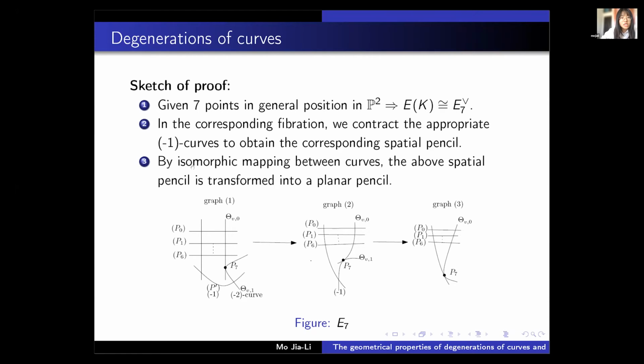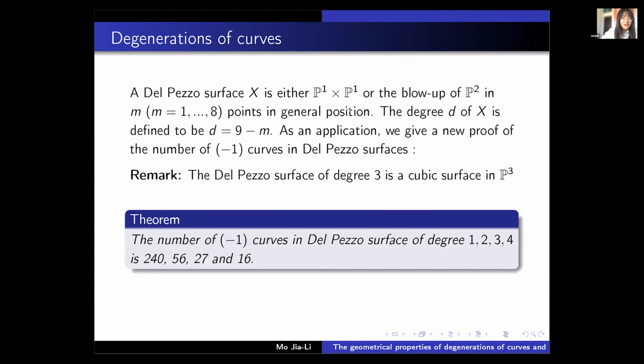Finally, by an isomorphic mapping between curves, the above spatial pencil is transformed into a planar pencil. This is my new proof, that is, the pencil surface X is either P1 times P1 or the blow-up of P2 at n points in general position.